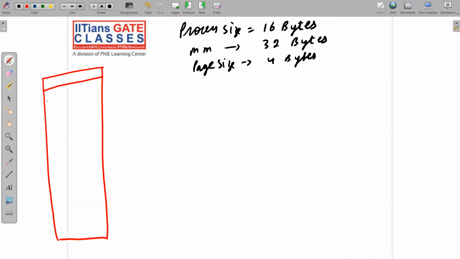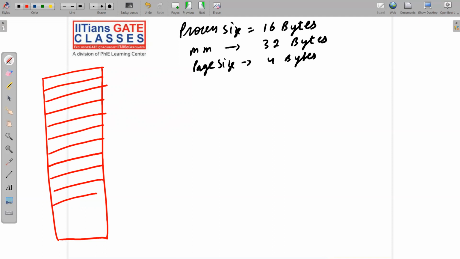Since the process is 16 bytes, we have made 16 bytes, numbered 1 to 16.